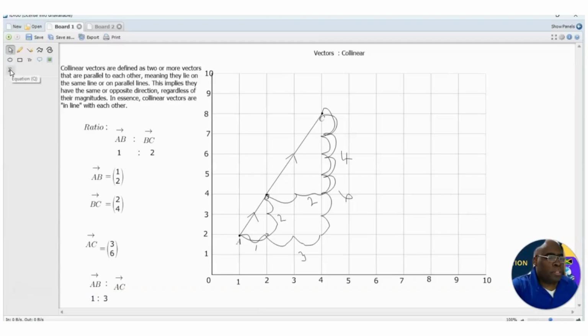Now remember, we're talking about the ratio.